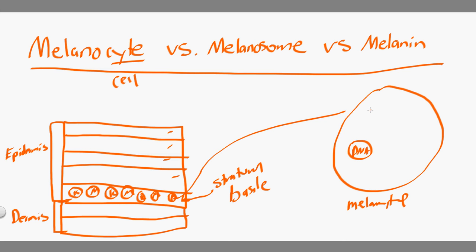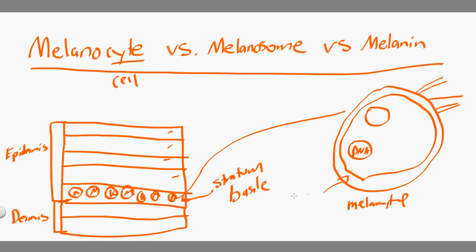You have other organelles. You got your endoplasmic reticulum. You got all the other stuff. You got some dendrites coming off of here too, by the way. This cell's a little unique in that case. The cell has regular plasma membrane, the normal stuff that everybody knows. So let's just put a little plasma membrane around that thing.